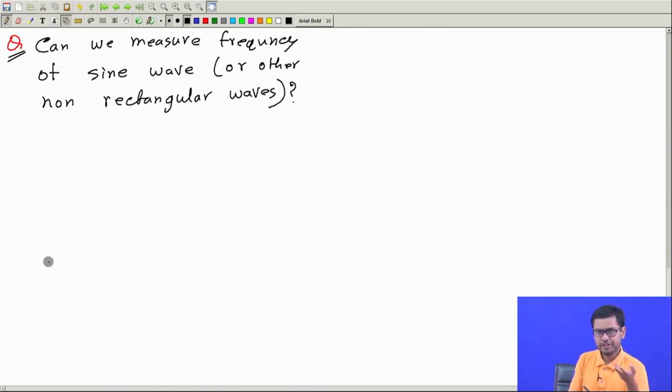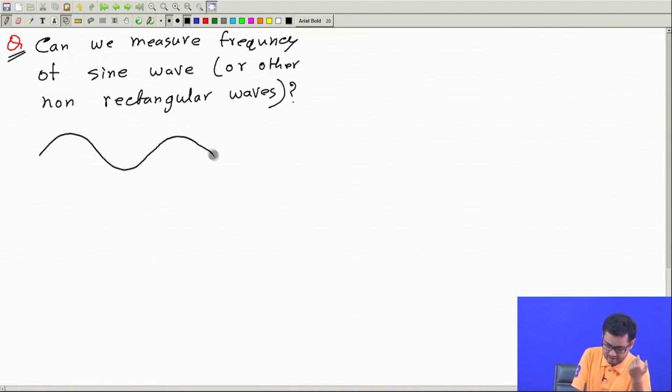Instead, if we give a sine wave which is like this, it is difficult to say exactly what is going to happen if we give this input to a digital counter. It may even work, it may not even work. So, we are not going into that argument depending on the situation.